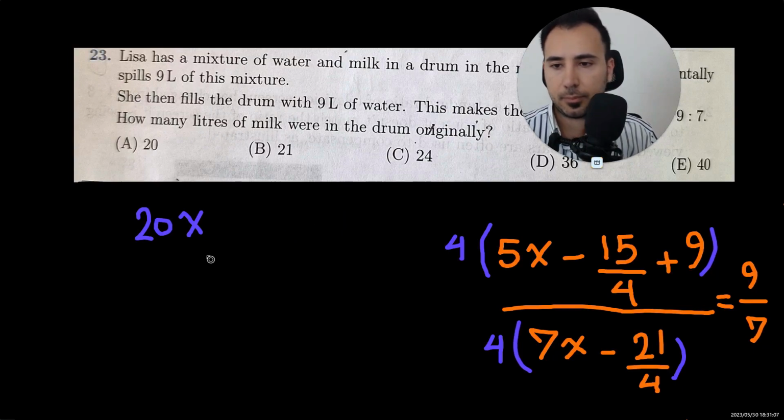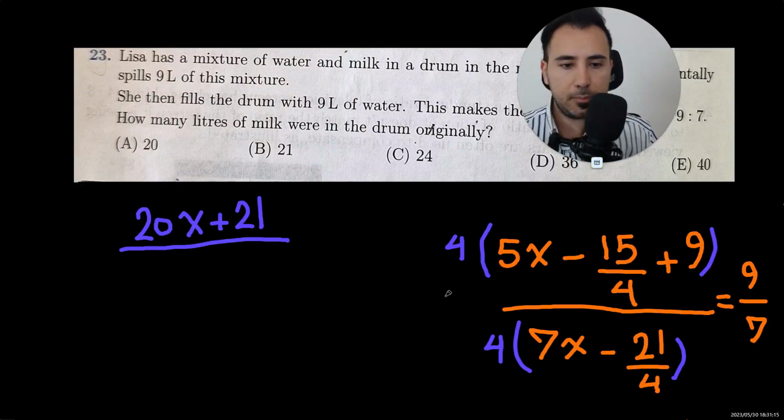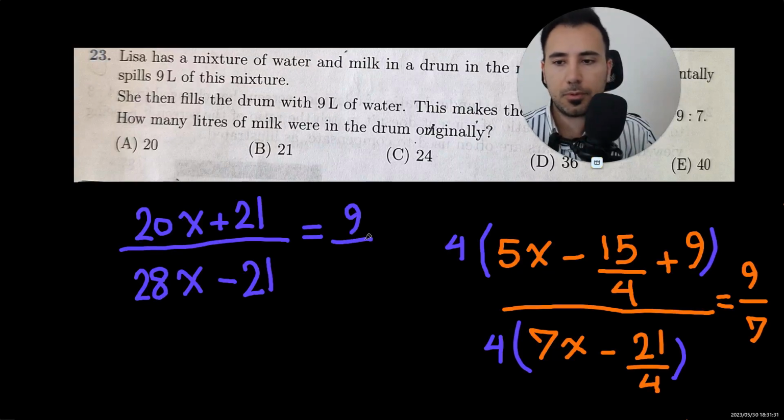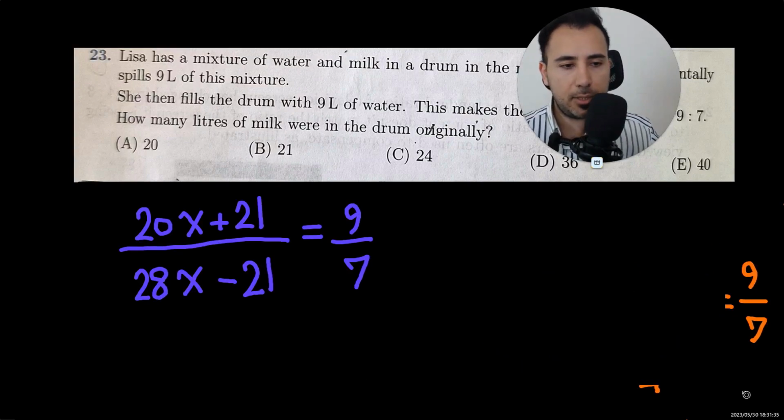Yes, mistake. So plus 21 over this one, 28x minus 21. Okay. So this is supposed to be 9 over 7. If you like it, go and simplify it.